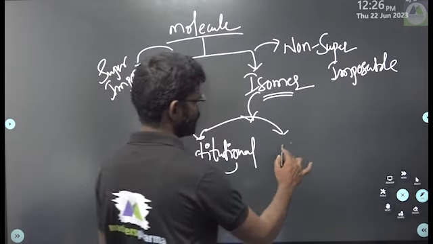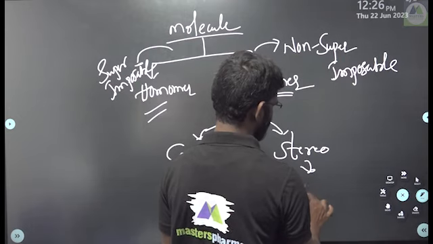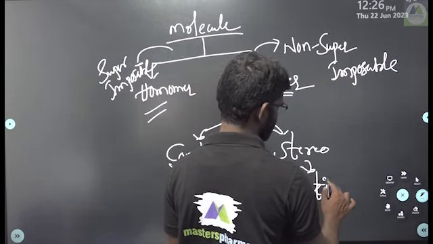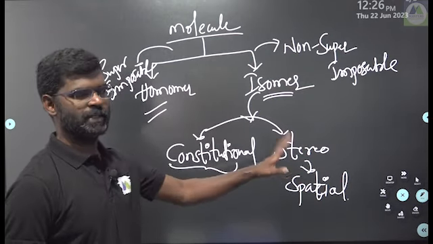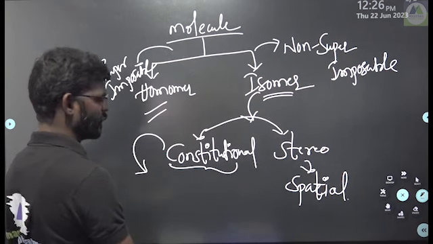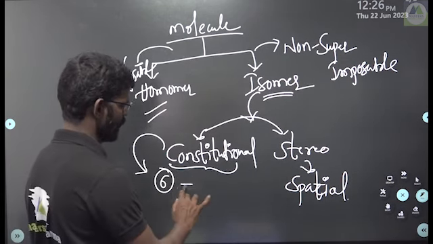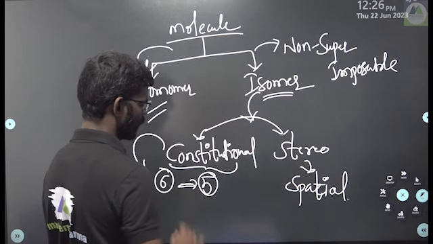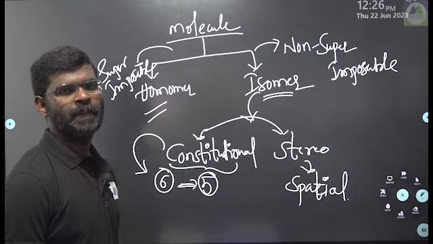The second is stereo, which means spatial arrangement. Constitutional isomerism and stereoisomerism. Constitutional isomerism is divided into almost 6 types, but majorly it is divided into 5 types only.